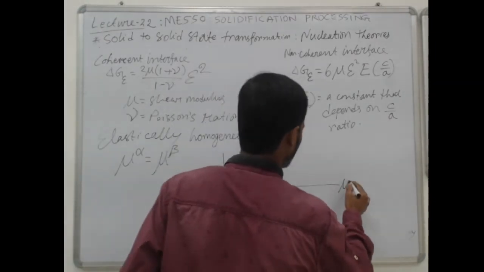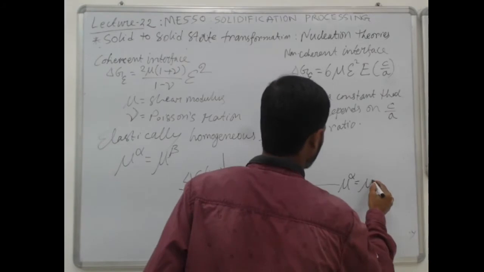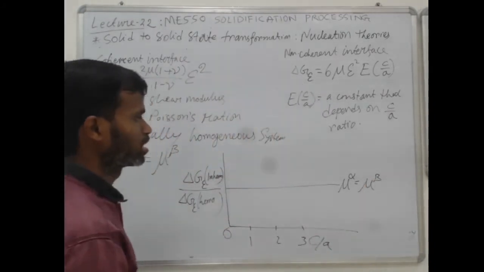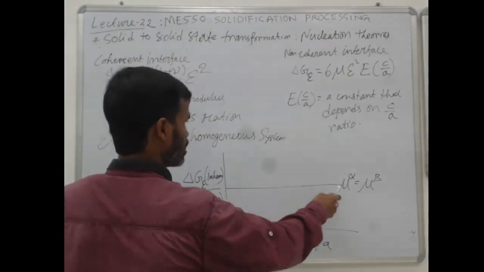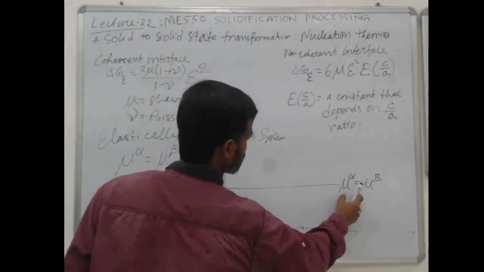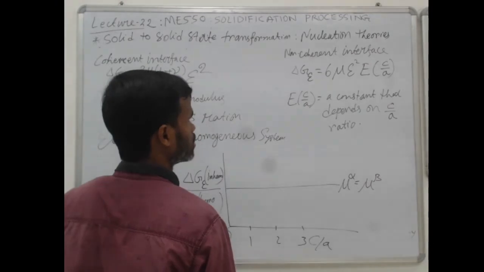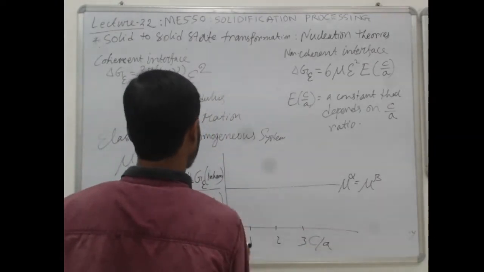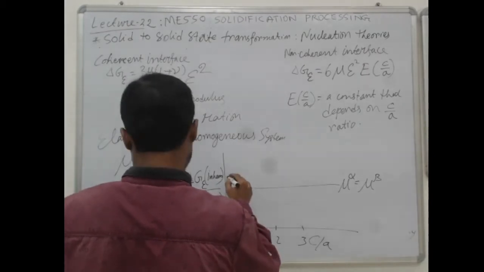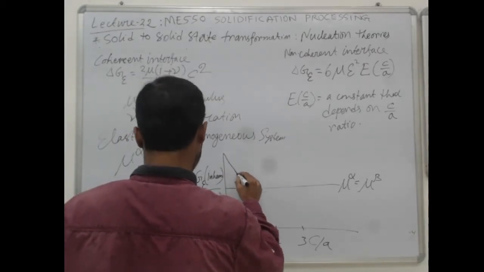So this is if you have mu alpha equal to mu beta. That means this is for homogeneous. If the stiffness of materials alpha and beta is similar, that means the shear modulus is identical. But if it is not so, it can have a variation like this.